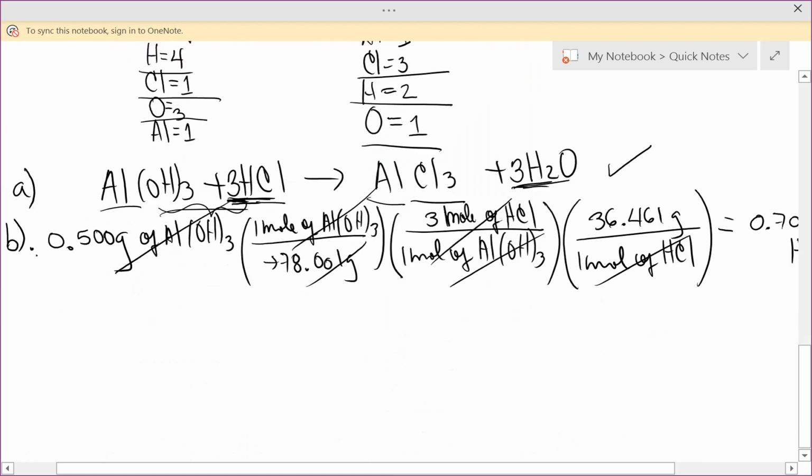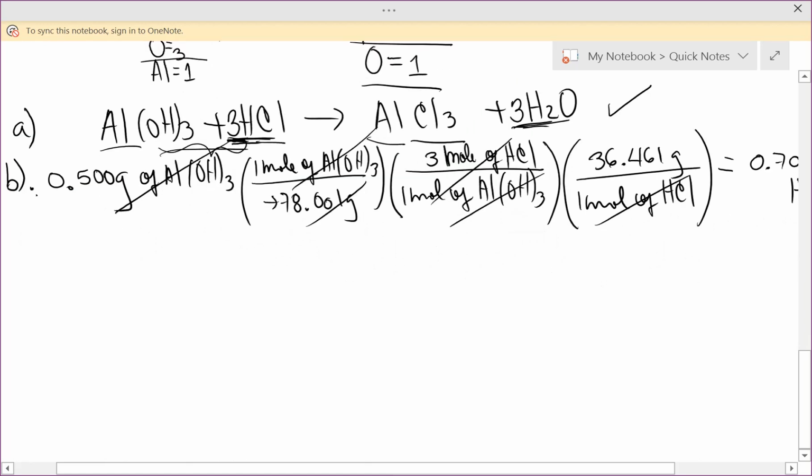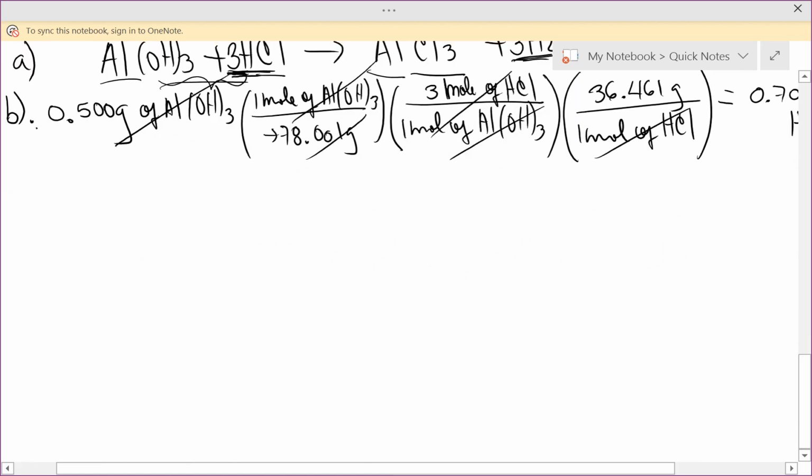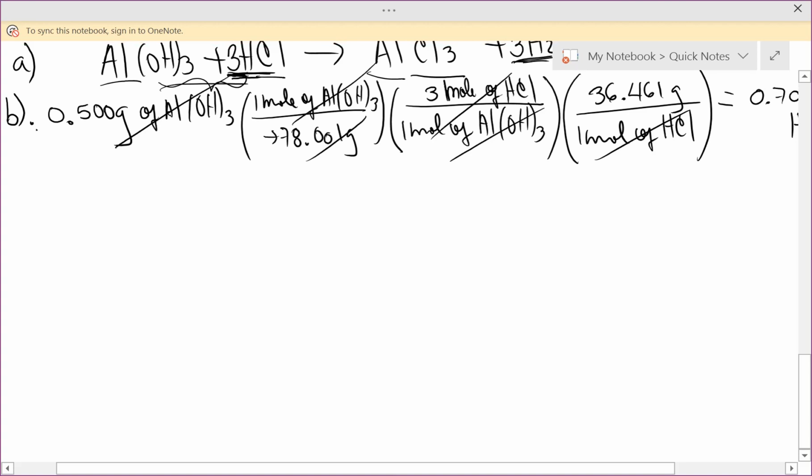So let's see. So we have to get 2 answers for part C. Part C says we have 0.500 grams of Al(OH)3.